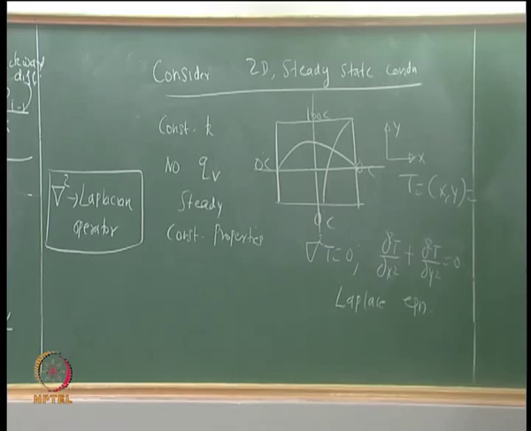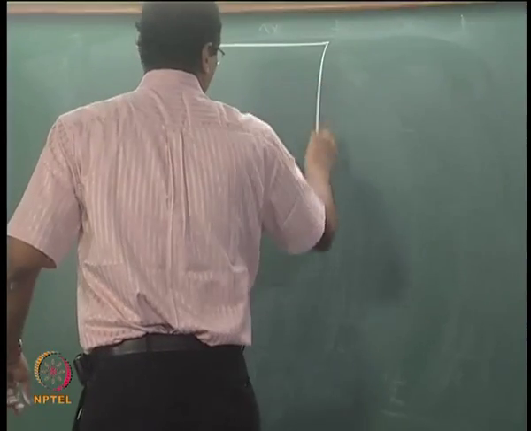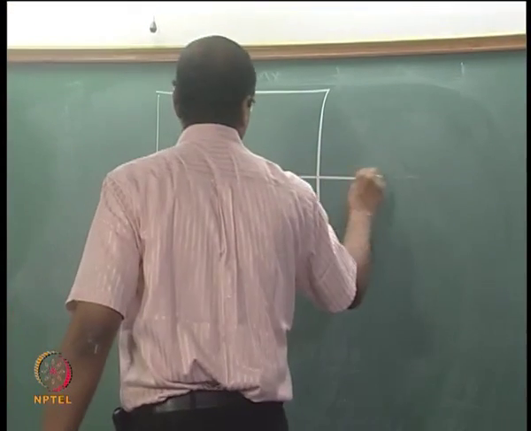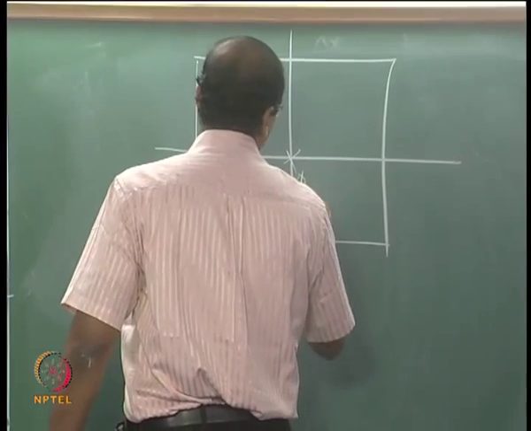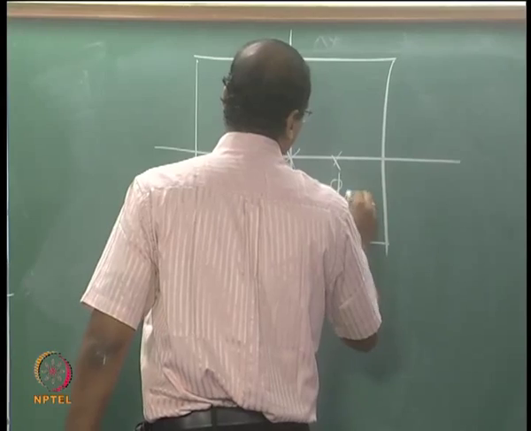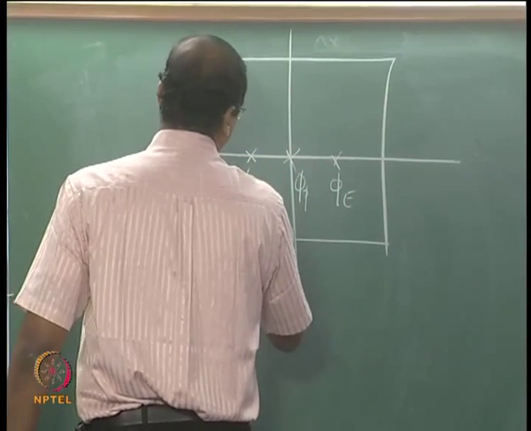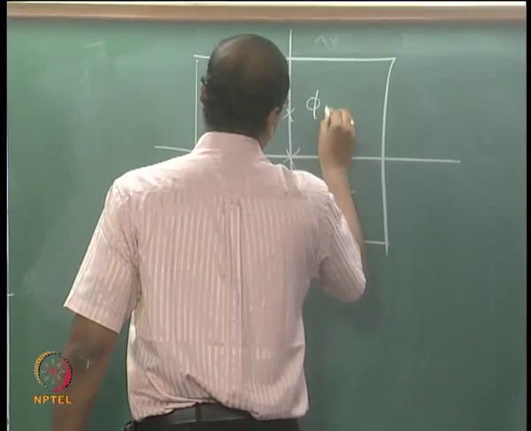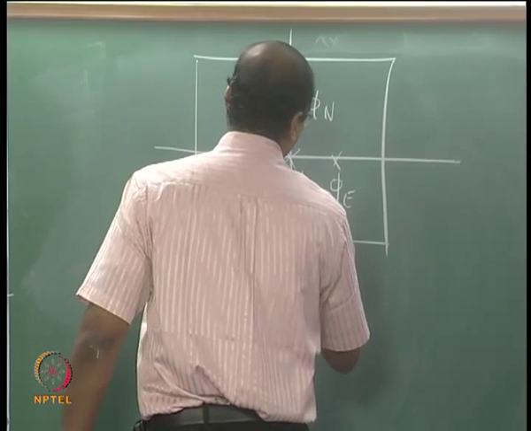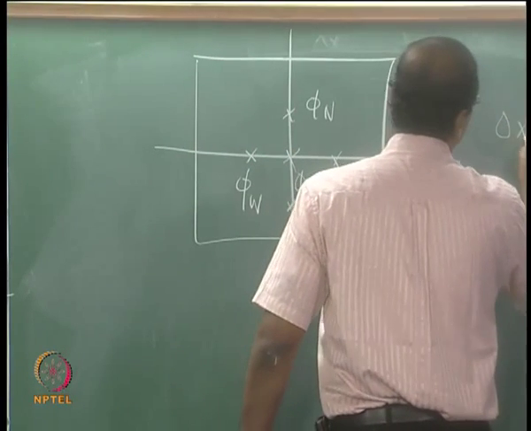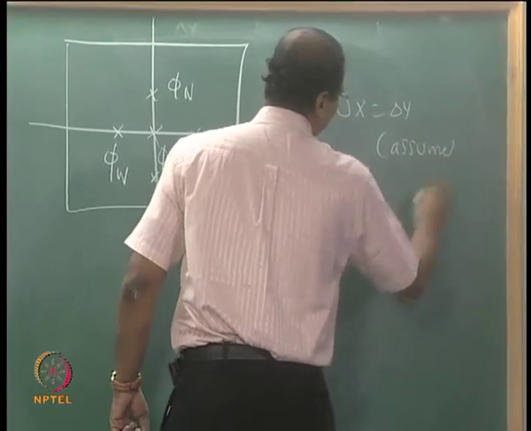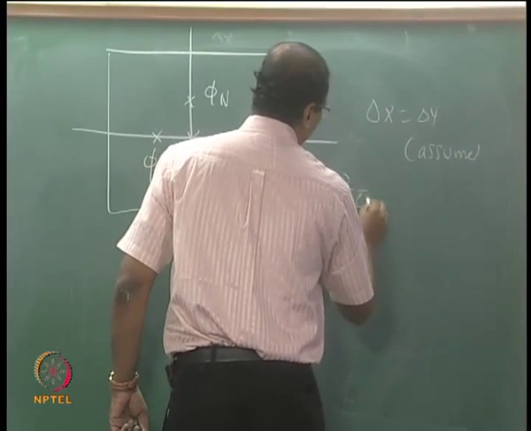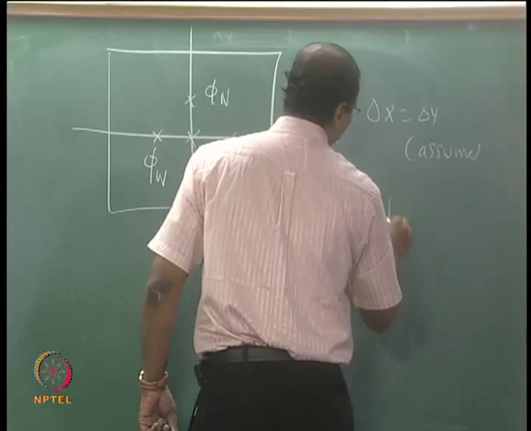Okay, consider the same problem. So now, this is phi of p. Now delta x equal to delta y, assume. So d squared phi, phi is the temperature, for example.